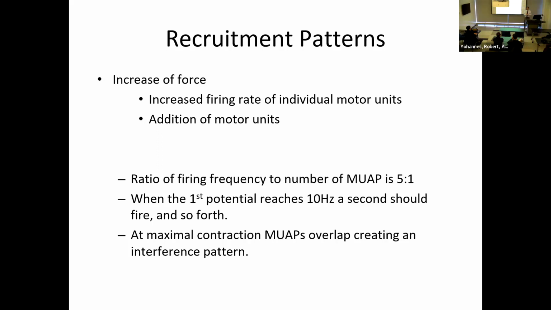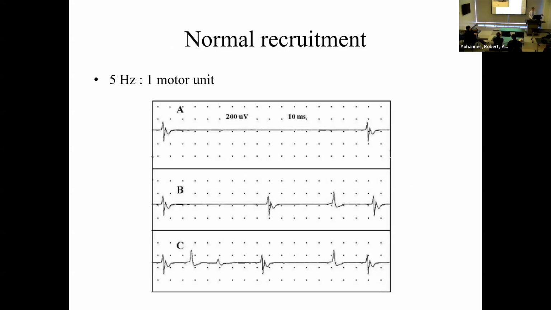What we described here in stories, we can actually see on the screen. So here we have a normal situation where we stuck a needle into someone who is completely normal and is relatively at rest, but we're asking them to do very, very minimal action. So you just tell them, think of moving your finger.